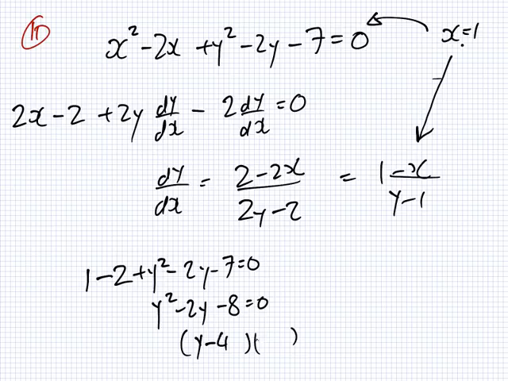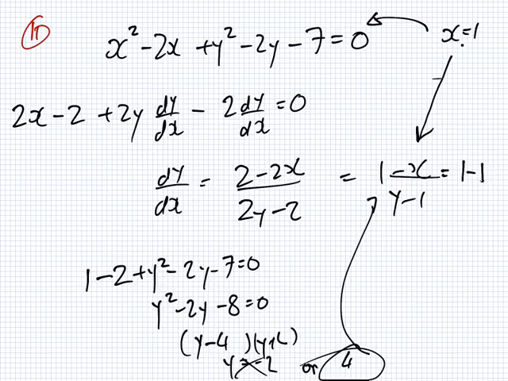Y minus 4, y plus 2. So y equals minus 2 or 4. But you only take this answer, because in the question I said y is between 0 and 5. So we reject that and we put this one in. So that would be 1 minus 1. Oh, it didn't actually matter about the y at all. Didn't matter at all.